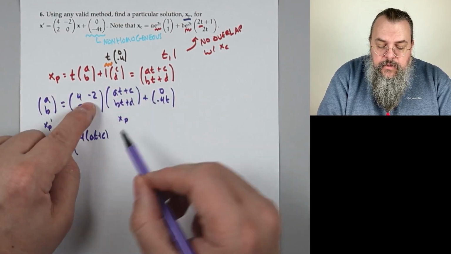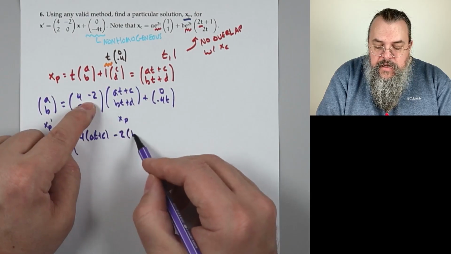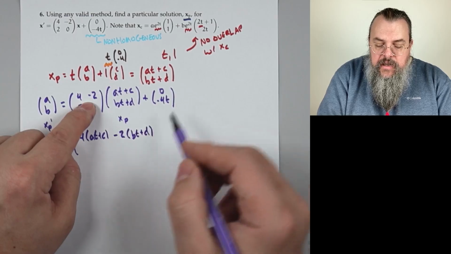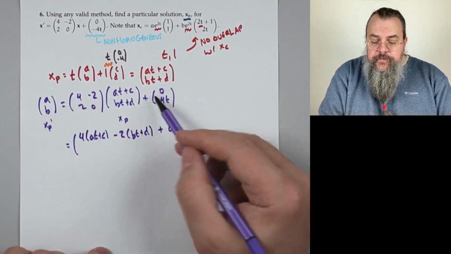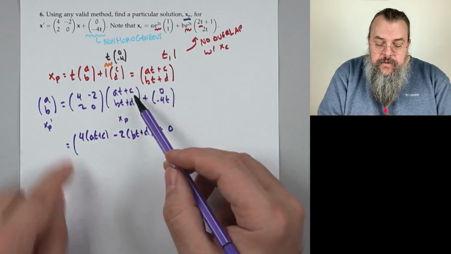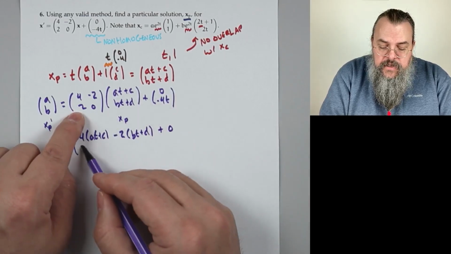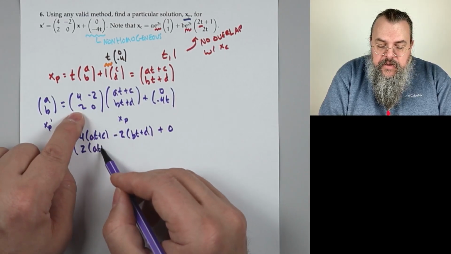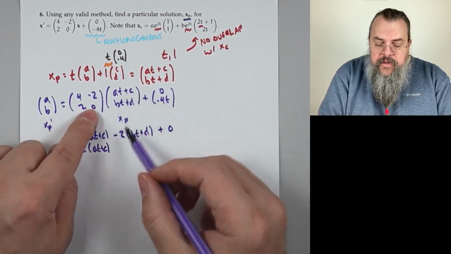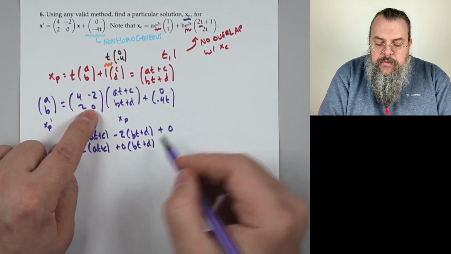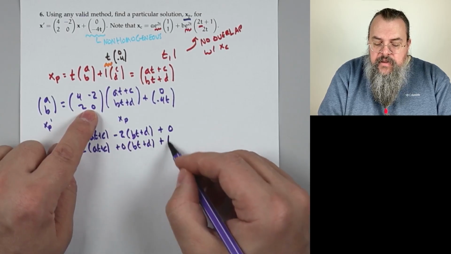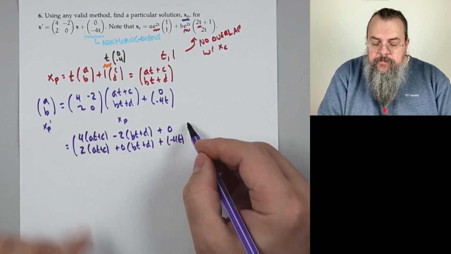That would be 4 times (at plus c), minus 2 times (bt plus d), plus 0. And then 2 times (at plus c), plus 0 times (bt plus d), and plus minus 4t.